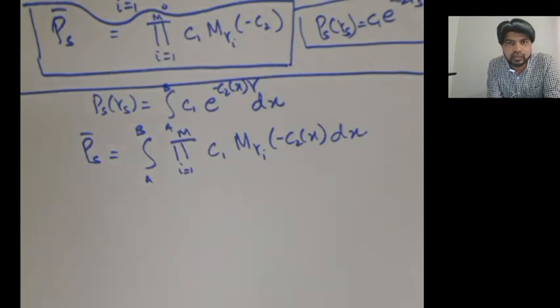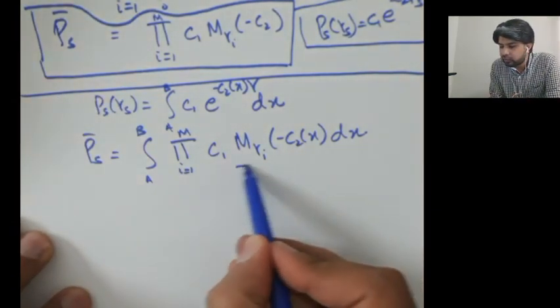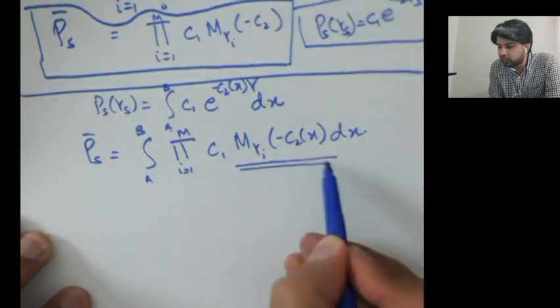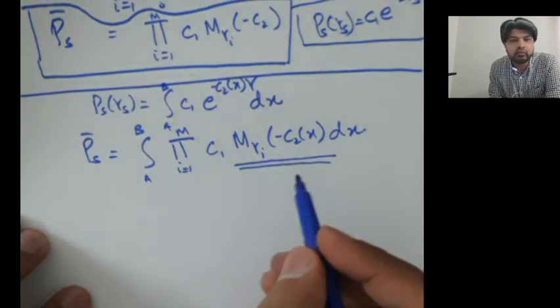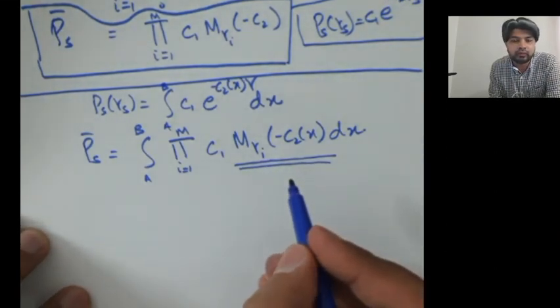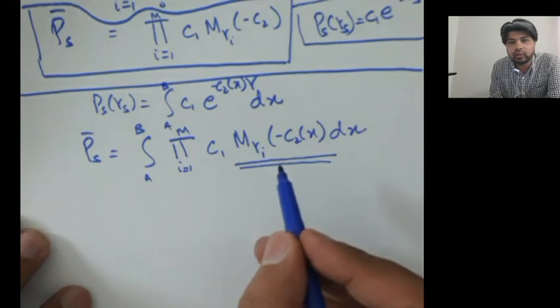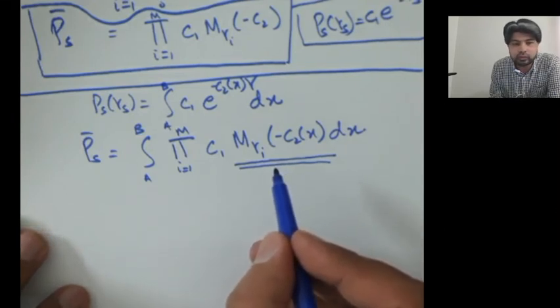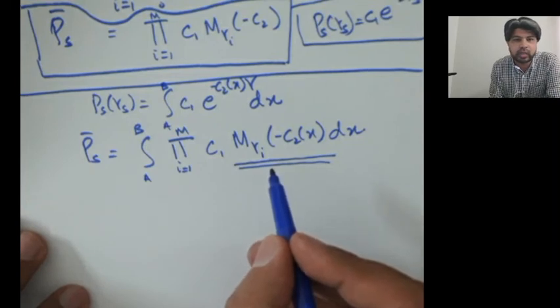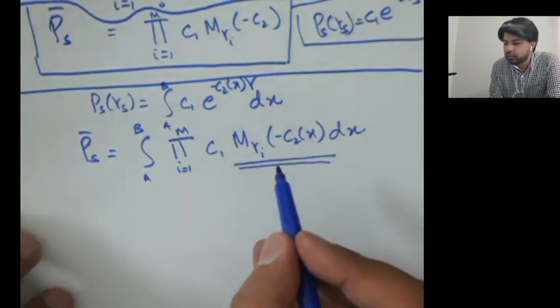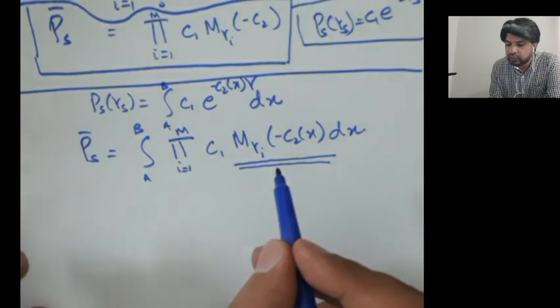So the power in this analysis is that this moment generating function is not limited to Rayleigh fading. If you're talking about Rayleigh fading, then you would plug in the moment generating function for Rayleigh fading, that is 1 over 1 minus s times gamma bar. If you're talking about Rician fading, then you would plug in the moment generating function for Rician fading. If you're talking about Nakagami-m fading, you can plug in the moment generating function for Nakagami-m fading.